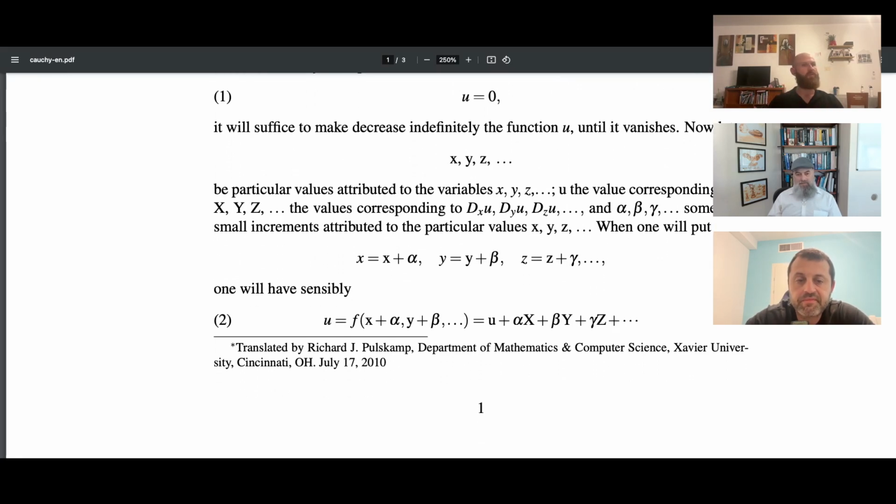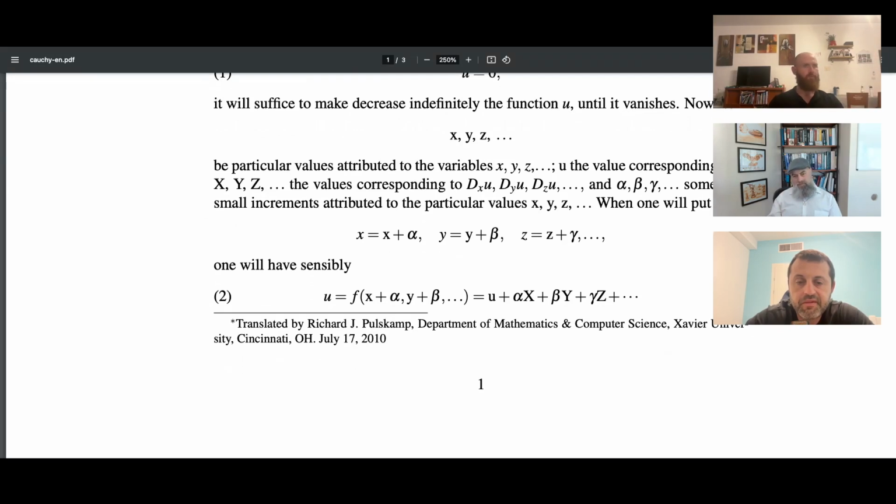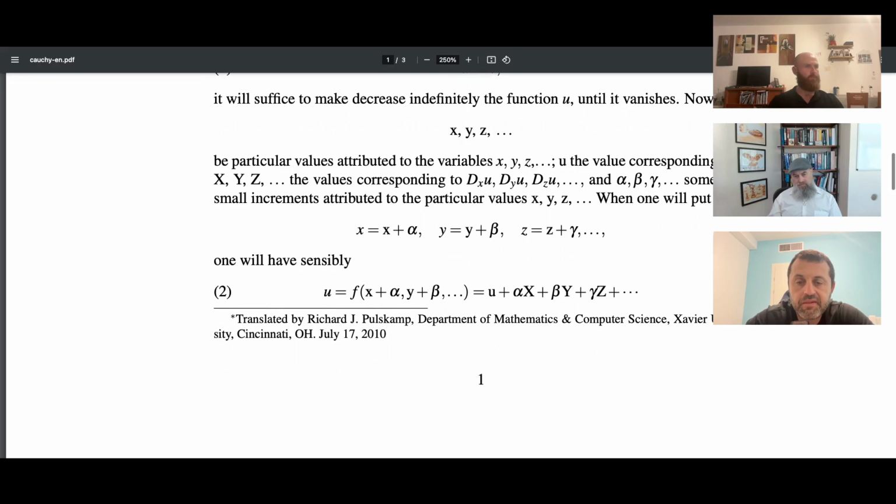And then he says, now let particular values be attributed to variables x, y, z. So now they're like specific realizations. And then he describes capital X, Y, Z, which are values corresponding to dx of u, dy of u, and dz of u.